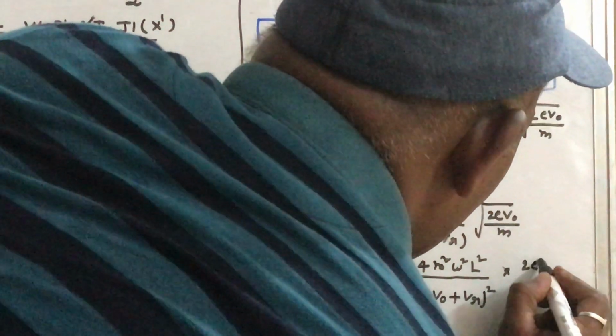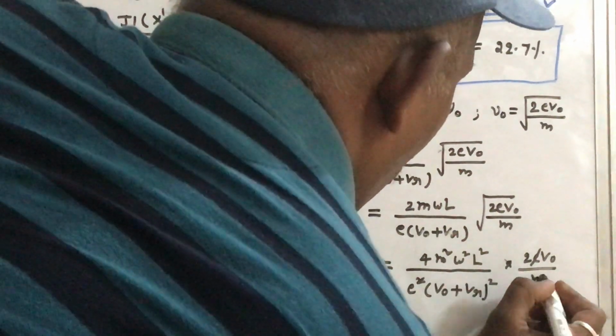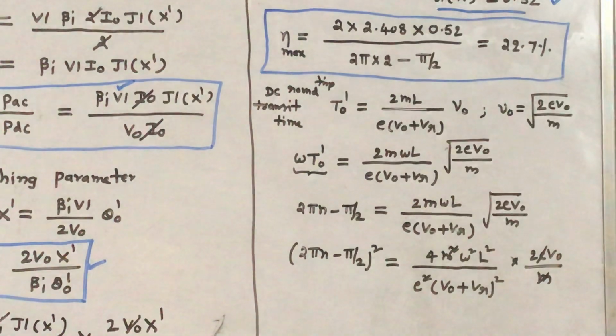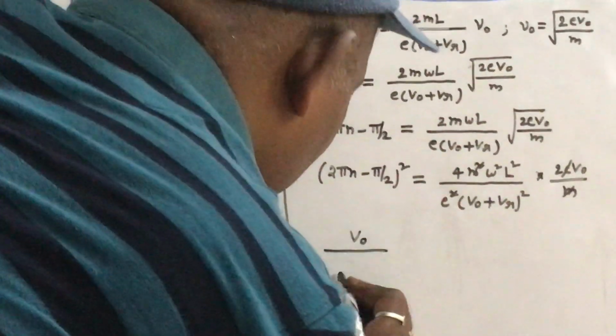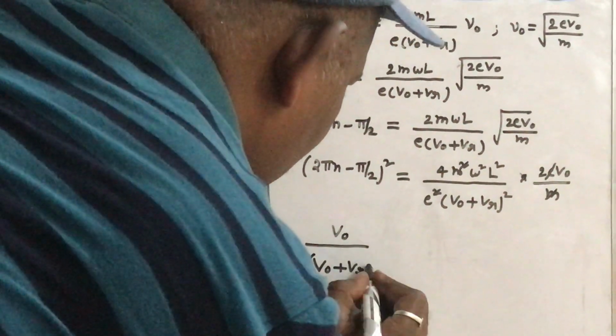It will come out as 2E V0 by M. So cancel out 1E and 1E, 1M and 1M. So I want V0 by V0 plus VR whole square, which is a very, very important formula while solving the problems. So remember this formula.